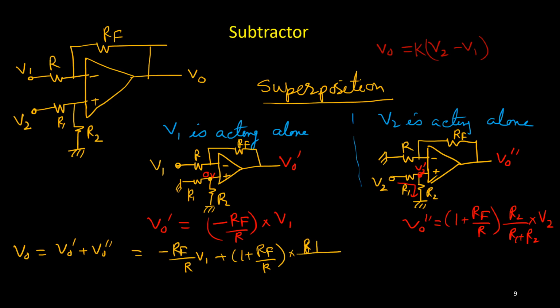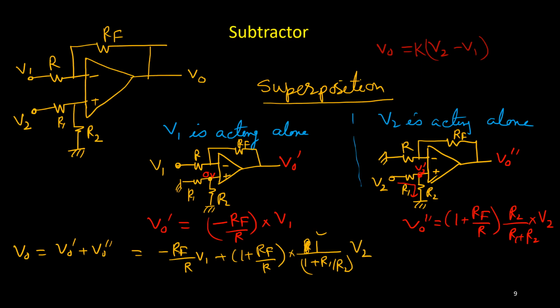So the numerator will become 1, and the denominator will become R1 upon R2 plus 1. That I have written as 1 plus RF by R times 1 over 1 plus R1 by R2 times V2. You can check.